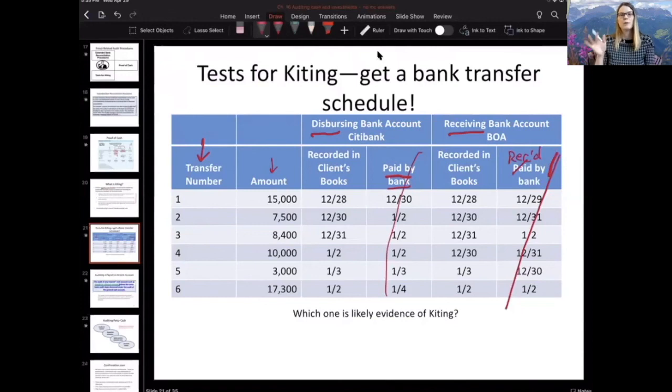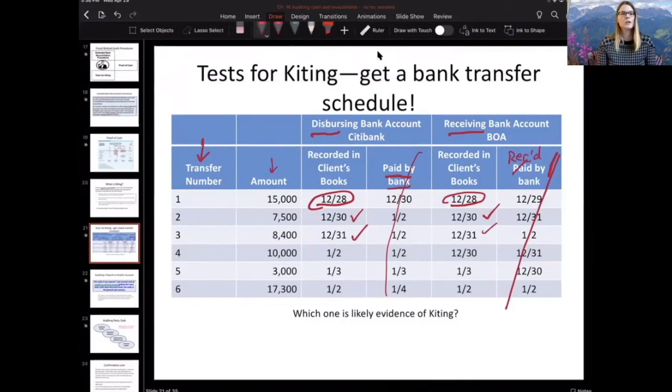And remember, what we want to see is the date of the debit and the date of the credit should be happening on the same day. So my receiving bank account debit happens on 12/28 in transfer 1, and my disbursement happens on 12/28 also. So this looks good. And same with this one, both are happening 12/30. Same here, 12/31, 12/31.